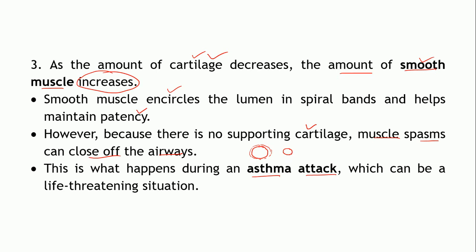Because if these terminal bronchioles constrict, what will happen? It will decrease the amount of air which you are breathing in, so it will decrease the availability of oxygen. These can completely collapse, so this situation can be life threatening.